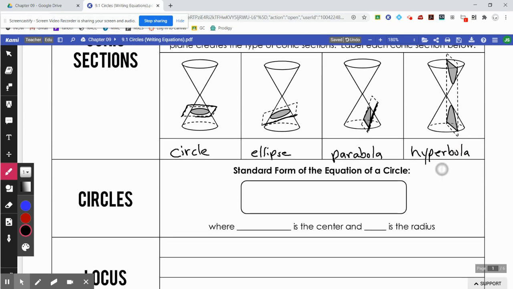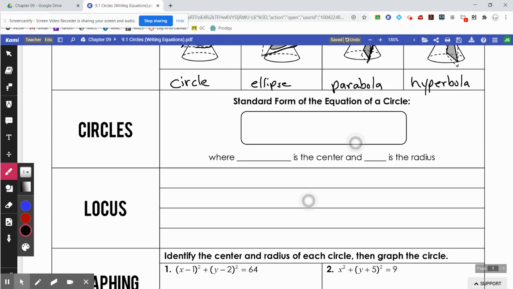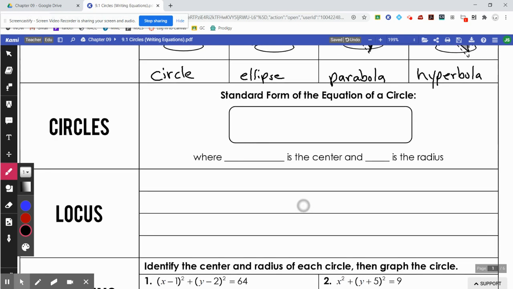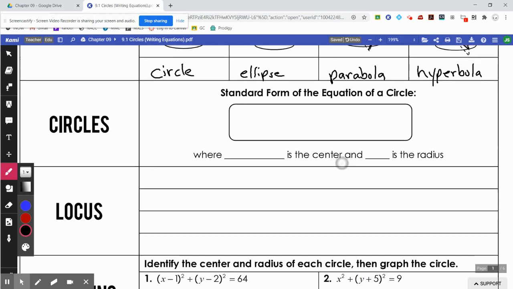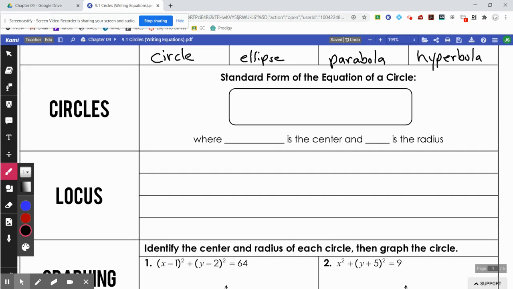Okay, let's start out talking about circles. And we've done circles for several years now. The standard form of a circle, or equation of a circle, is (x minus h) squared plus (y minus k) squared is equal to r squared, where (h, k) is the center. So that's our transformations.